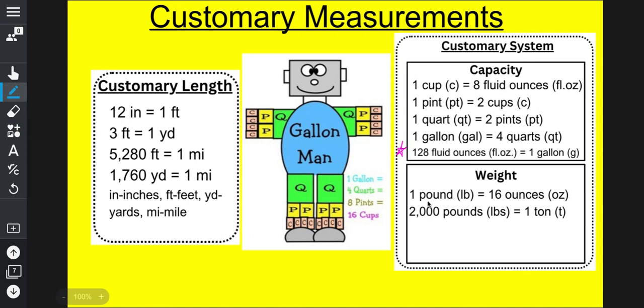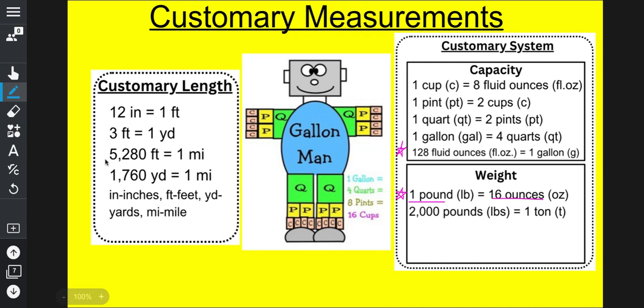In weight, we have 1 pound equals 16 ounces, and 2,000 pounds is 1 ton. Again, you do need to know the 16 ounces for the 1 pound. That's a big one for this unit. Going over to measurement of length, we have 12 inches to 1 foot, 3 feet to 1 yard.